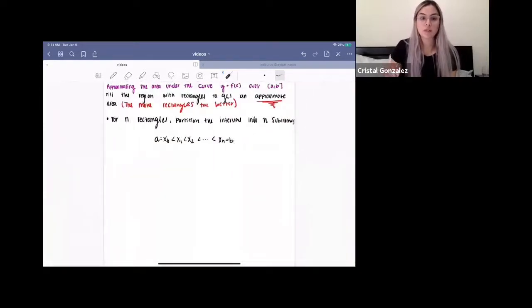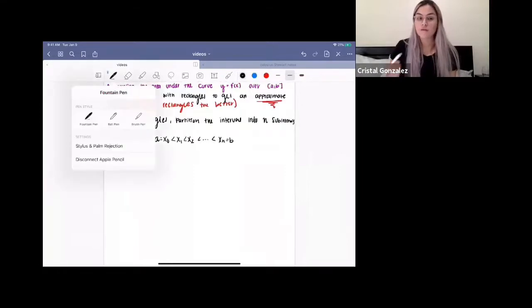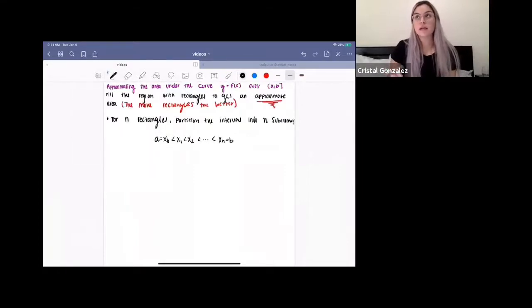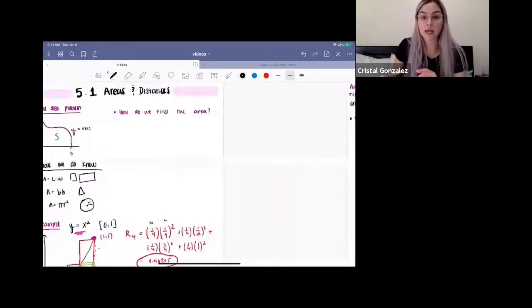And now in order to find the width of the rectangle, let's say that I tell you, hey, I want you to partition your rectangles into 4. What you would do is you would take your right endpoint, subtract your left endpoint, and divide by n.